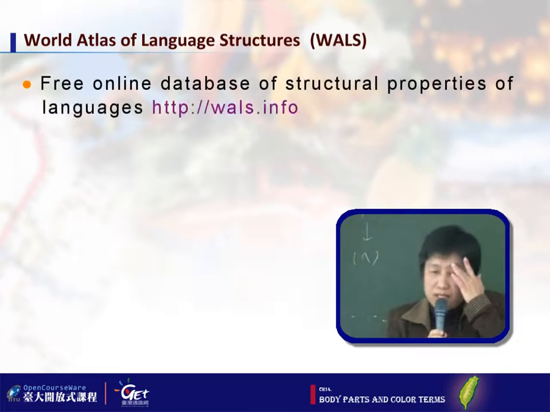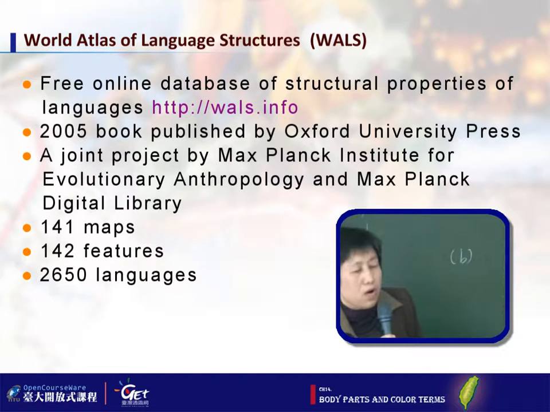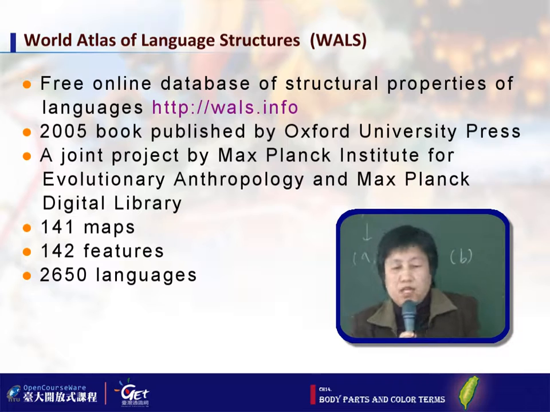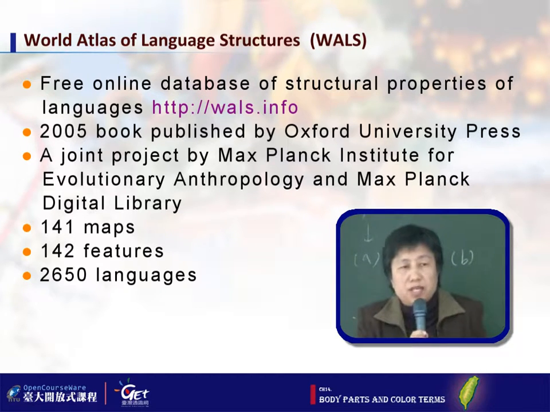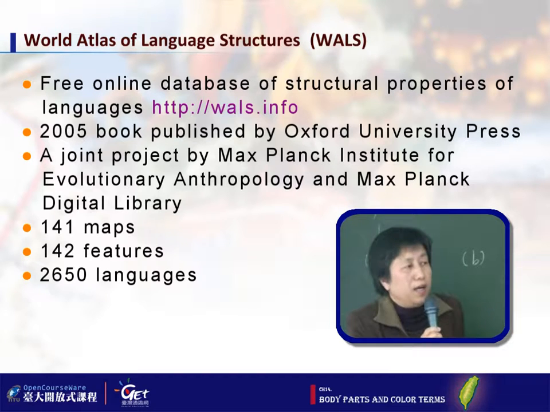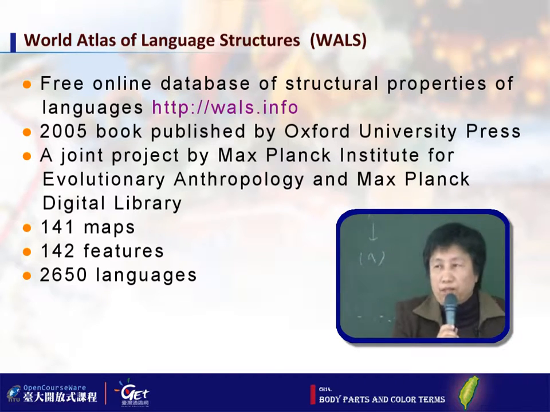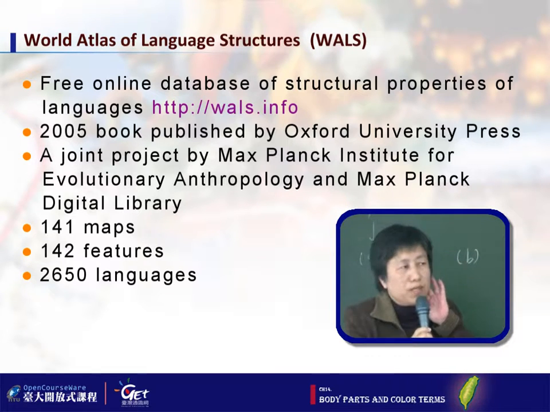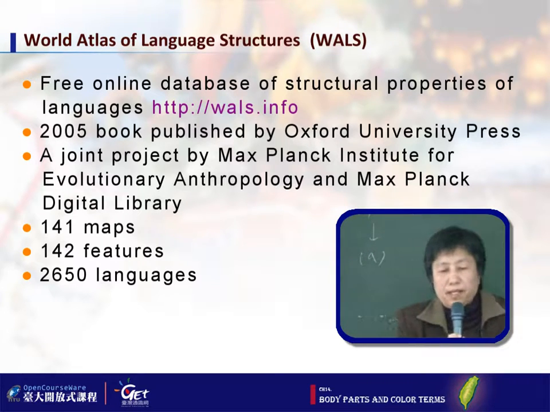It's called the World Atlas of Language Structures, shortened as WALS. It's a free online database of structural properties of languages. They surveyed thousands of languages in in-depth studies, and then turned this into an interactive database.